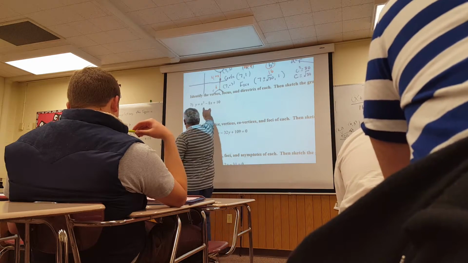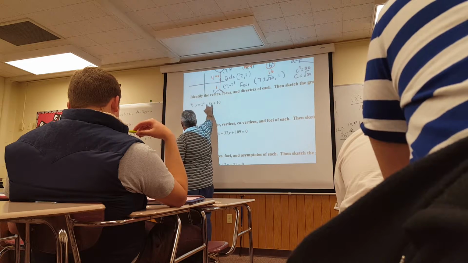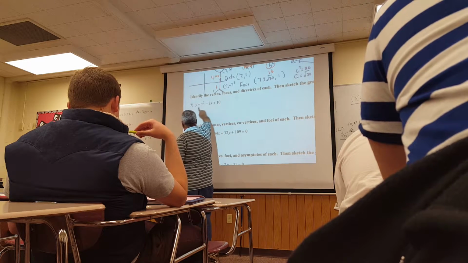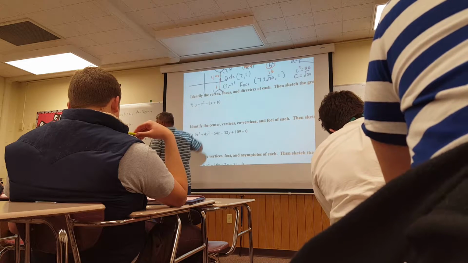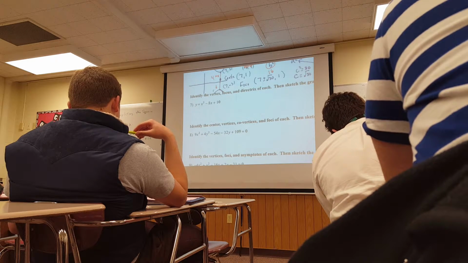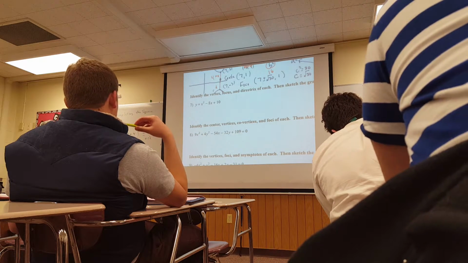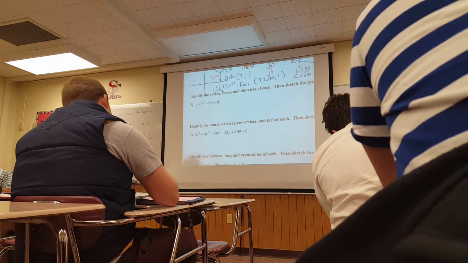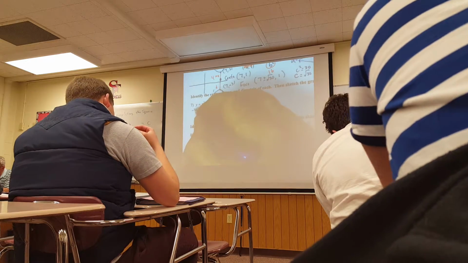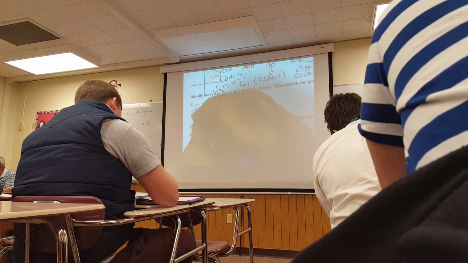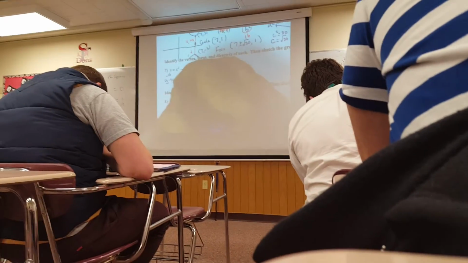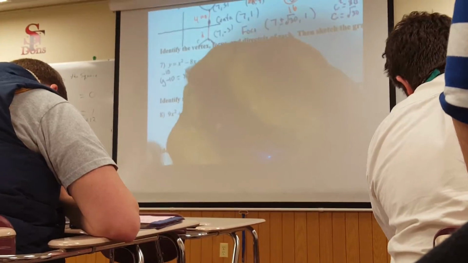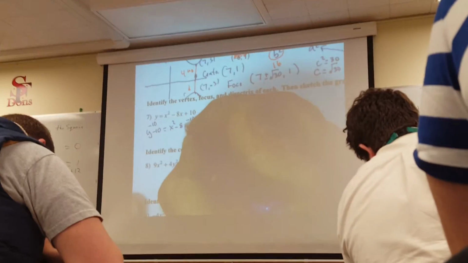Now, if I need to complete the square over here, so I subtract the 10. Now, I want to get this in the right form. Now this one's sort of a weird one. So I would subtract 10 from both sides like that. So y minus 10 equals x² minus 8x, okay?